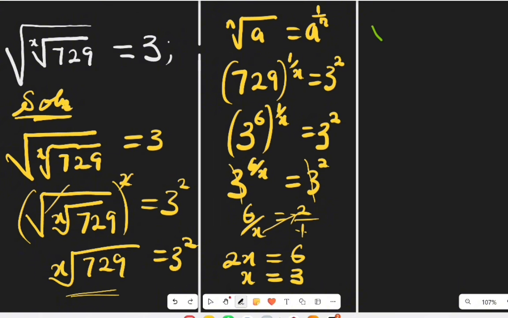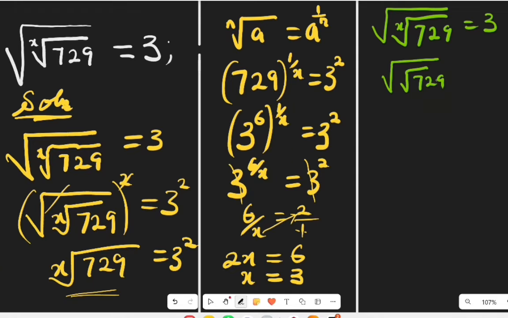Then we have the x-th root of root 729 equals to 3. What we do, we square both sides, which is the x-th root of root 729 all squared equal to 3 squared.